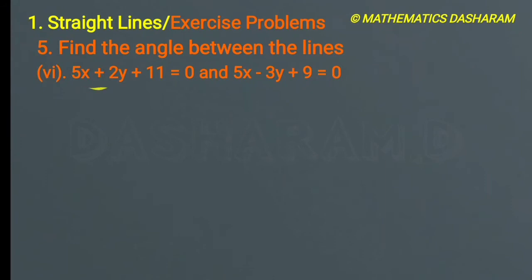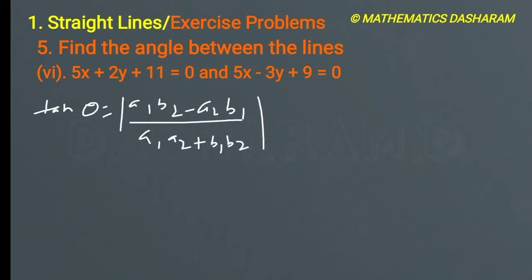Sixth question: 5x + 2y + 11 = 0 and 5x - 3y + 9 = 0. So here is the formula. In this, substitute the values.